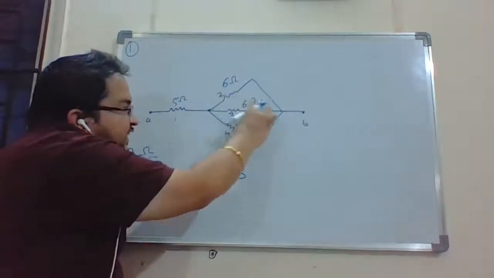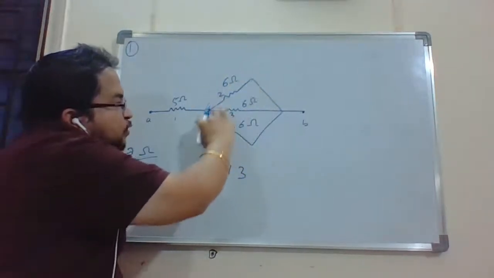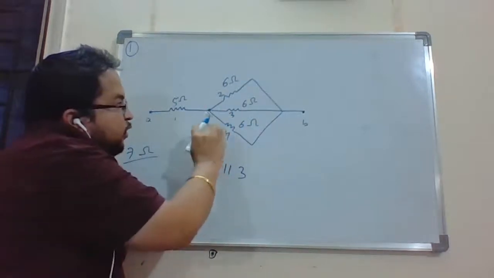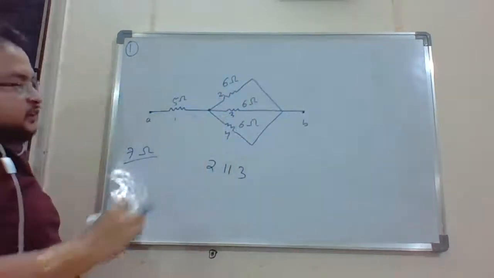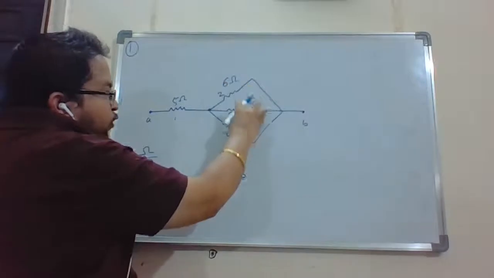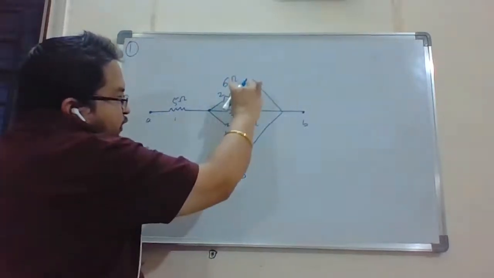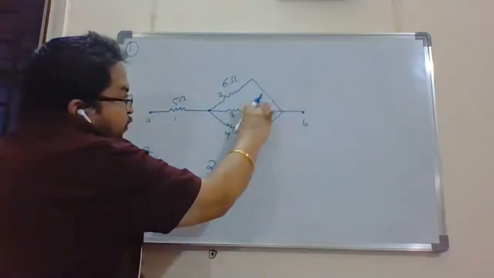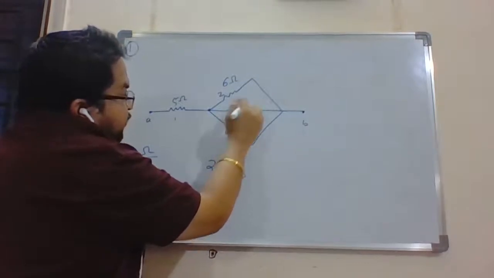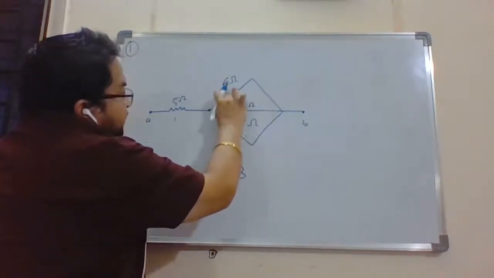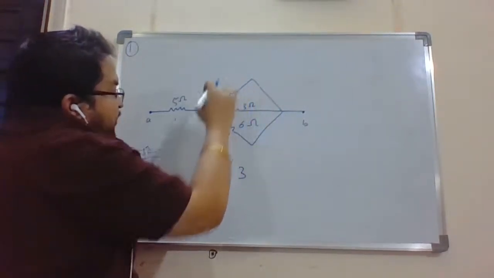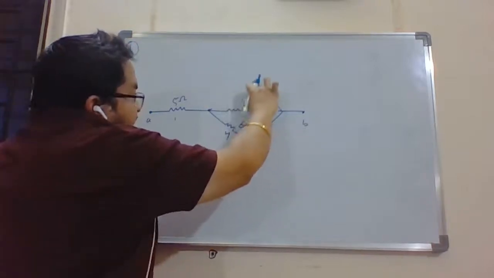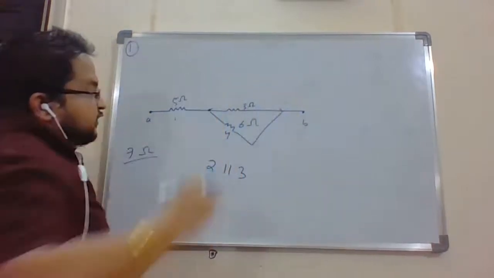And this entire thing becomes a single resistance. If 2 and 3 are parallel, and this is 6 ohm and this is 6 ohm, the parallel equivalent will be 3 ohm here. If that is true, I can remove this.